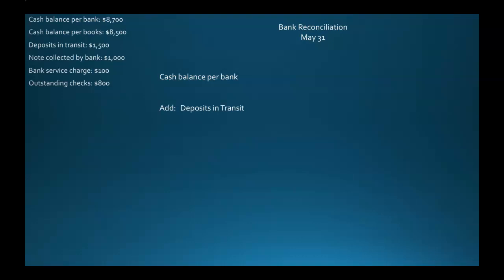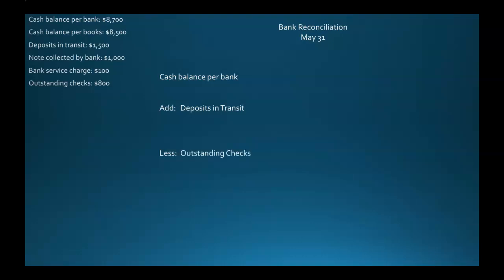So deposits in transit are deposits that you have recorded in your books that just haven't gotten to the bank yet. So we'll add that piece here. Now, what would get subtracted? So now we're looking at either a bank service charge or an outstanding check. Well, a bank knows that they're charging you a service charge, so that doesn't get included here on the per bank side.